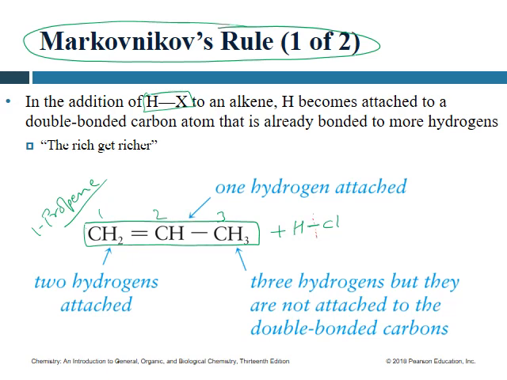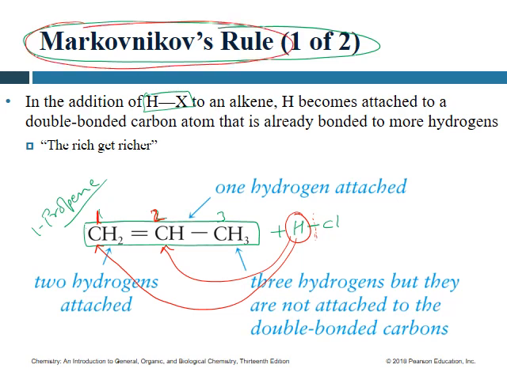So what's going to happen? The hydrogen and chlorine atom bond is going to break. Now you have to decide, out of carbon number 1 and carbon number 2, which carbon the hydrogen will go to. Hydrogen can go to this carbon or hydrogen can go to this carbon. So you have to decide.